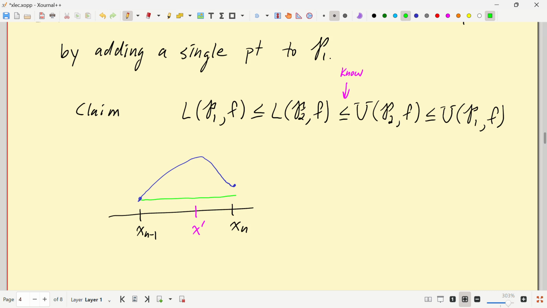But when I add my new point in here, I'll make this a dotted line. Then that's what my upper sum would be.